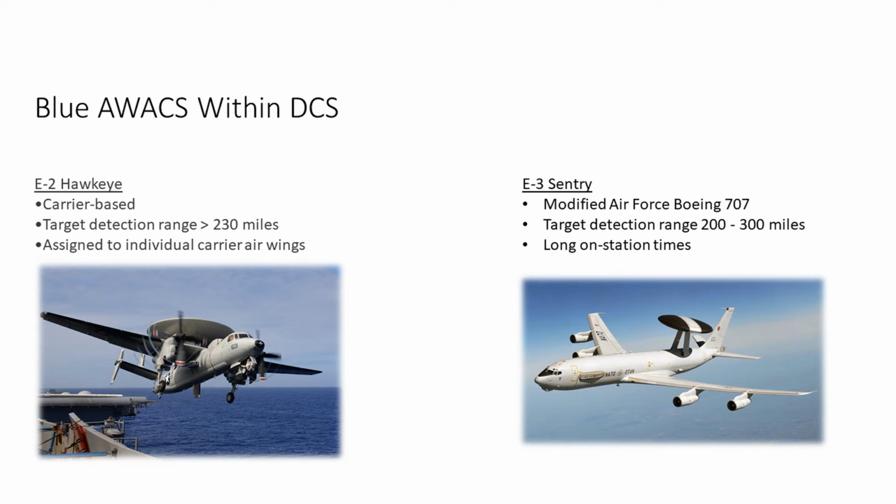They basically build a picture, and that's what they call it, a picture of everything that's going on within their radius. They provide that information when they're asked to. They broadcast that information if something new or notable happens. And in some cases, they will actually direct the battle. So that's a really simplified explanation of what AWACS is and how it works.